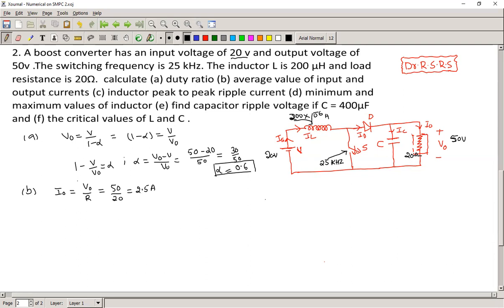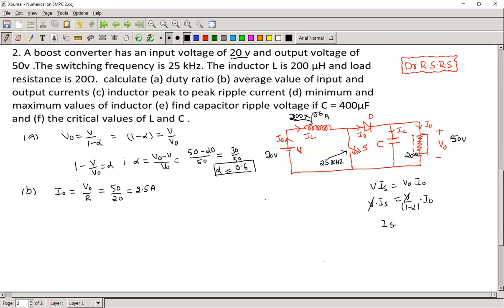In a boost converter, if no loss occurs, input power equals output power. Equating the powers, V into Is equals V naught into I naught. We can write V naught as V by 1 minus alpha, so V into Is equals V by 1 minus alpha into I naught. V gets cancelled.